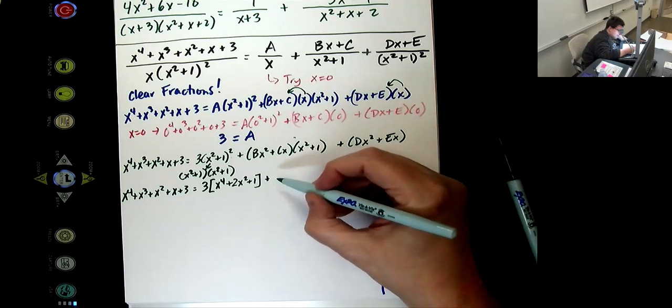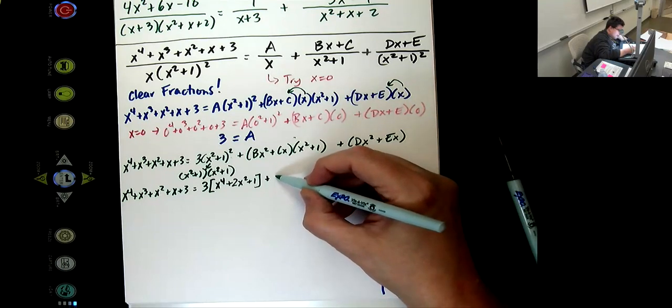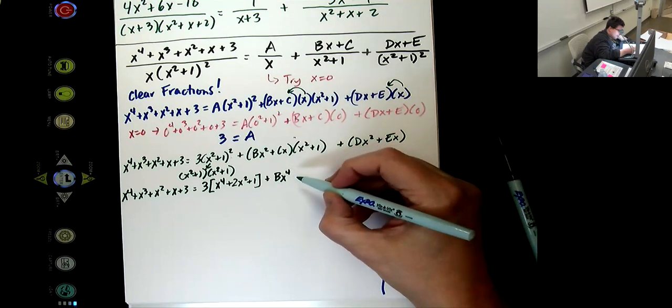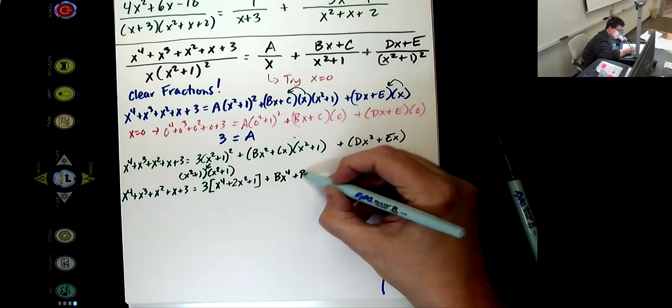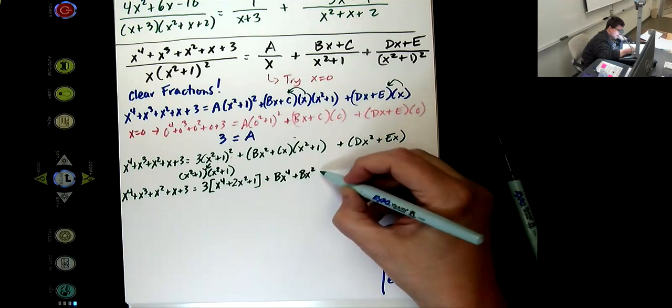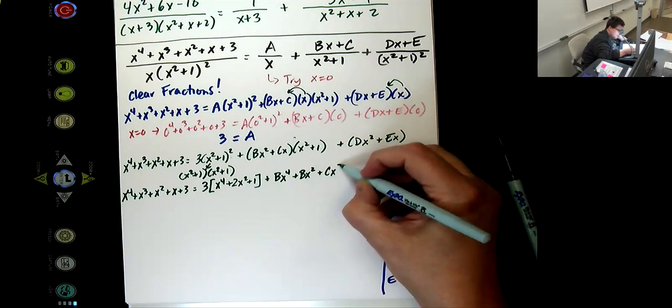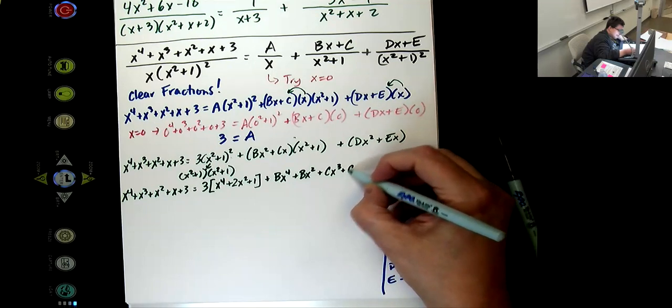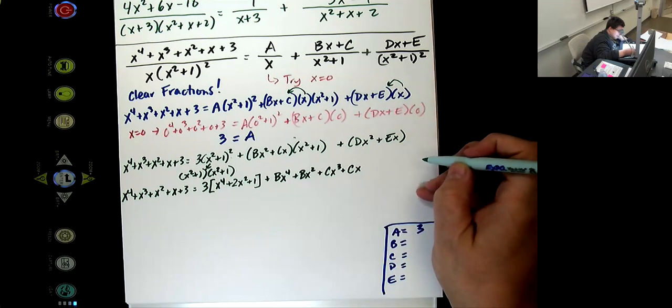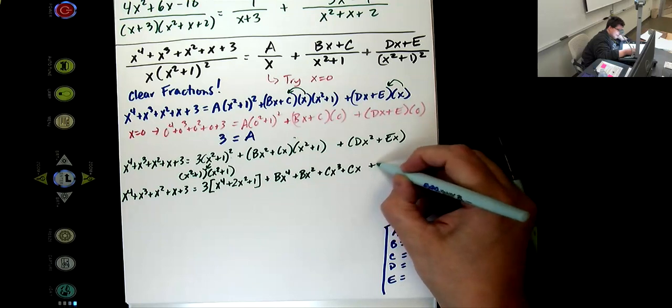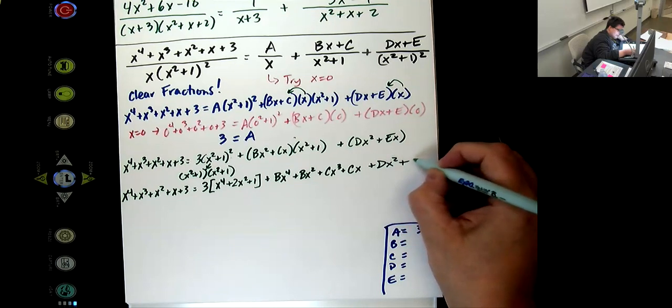And then the next set when I distribute, I've got bx to the 4th plus bx squared plus cx cubed plus cx. Then we've got dx squared plus ex.